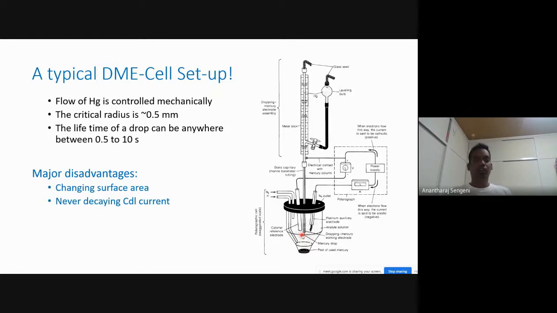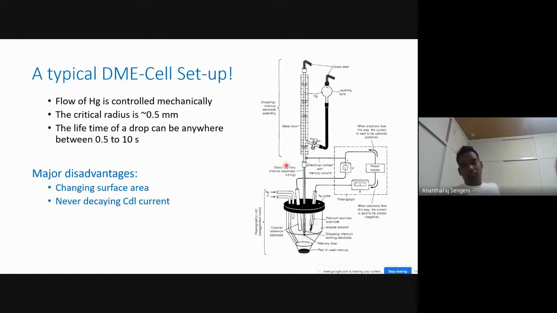That can be varied from 0.5 to 10 seconds depending on the flow rate we set, but it is impossible to vary beyond this. Even if you open the valve fully, because of its high viscosity, the drop will not form immediately, and the lifetime will be at least 0.5 seconds.